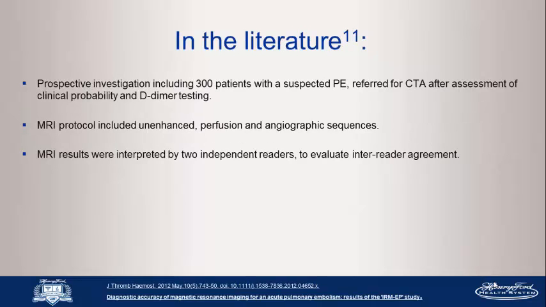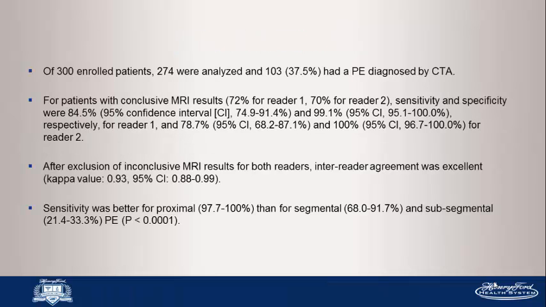I found this study, actually, with 300 patients. They were suspected to have PE. They were sent for CTPE, and it was done. After they had the CTPE, they ordered MRI, and they had 2 readers read the MRI to see how much they agree with each other.